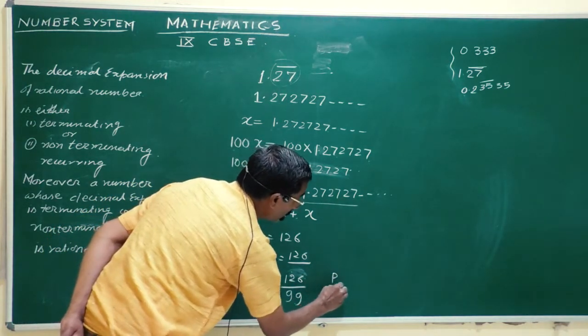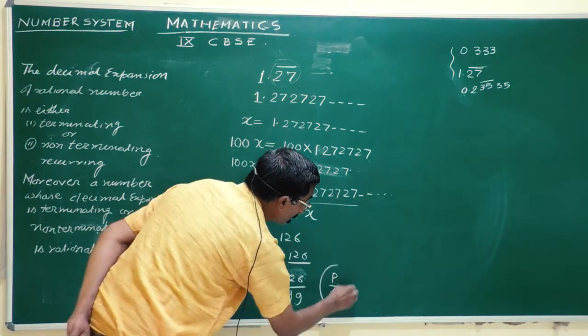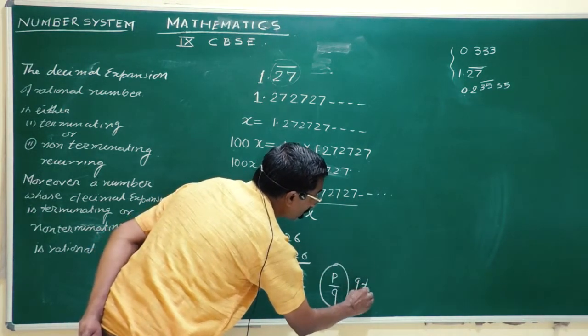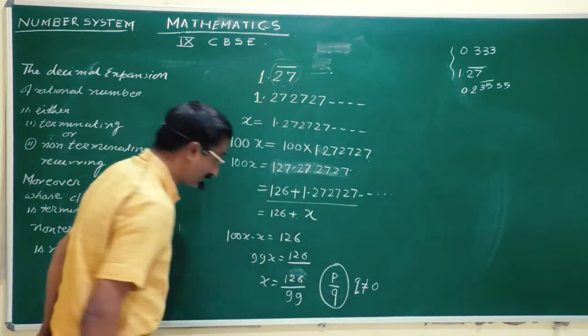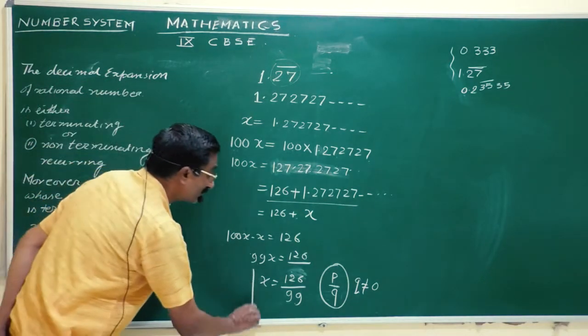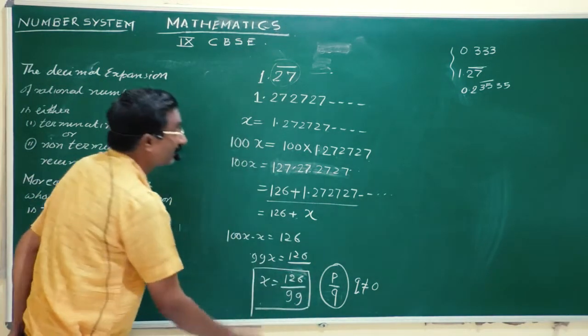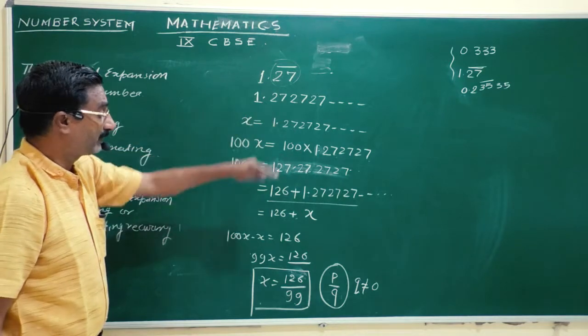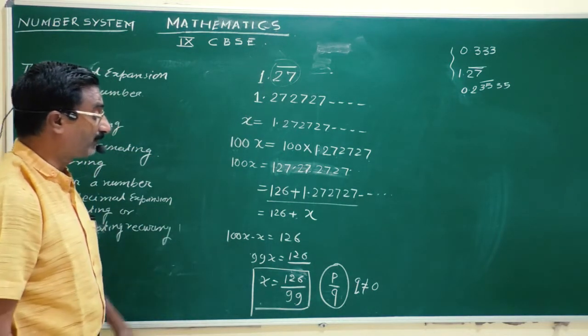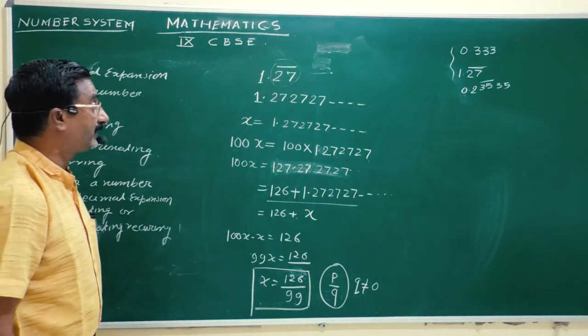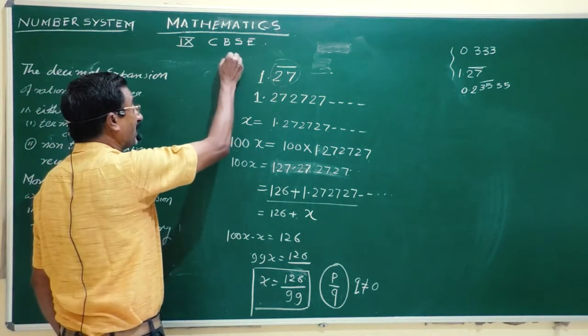So this is in the form of P by Q, where Q is not equal to 0. Clear? So 1.272727 is rationalized in the form of 126 upon 99. This is the second example I have taken.